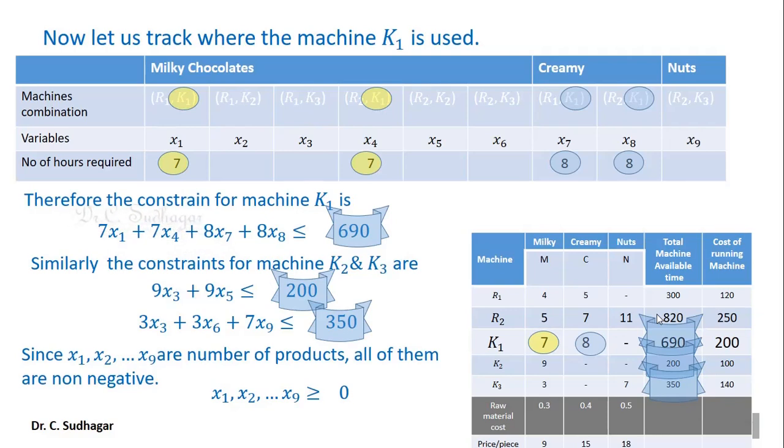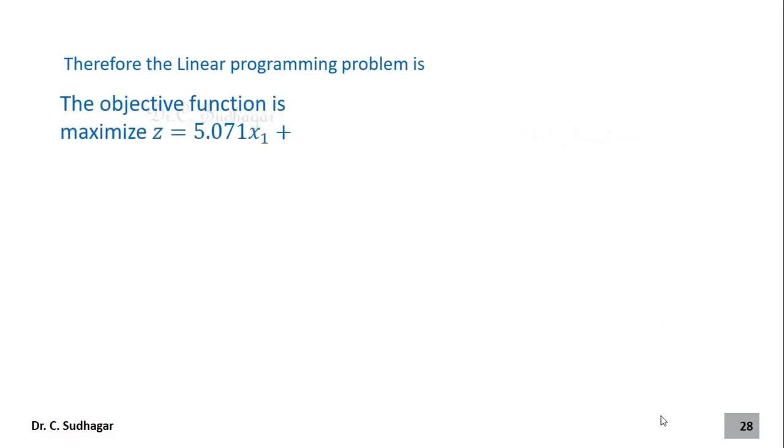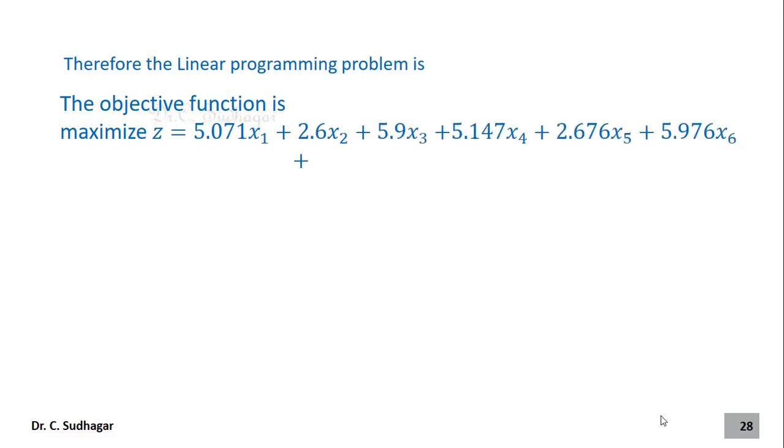Let us tabulate them. The linear programming problem is: first let us write the objective function. The objective function is maximize z equal to 5.07x1 plus and so on up to 11.346. We have seen this step by step in the earlier slides.